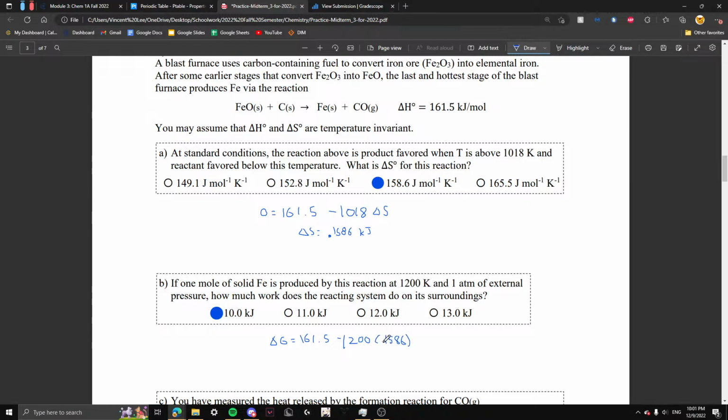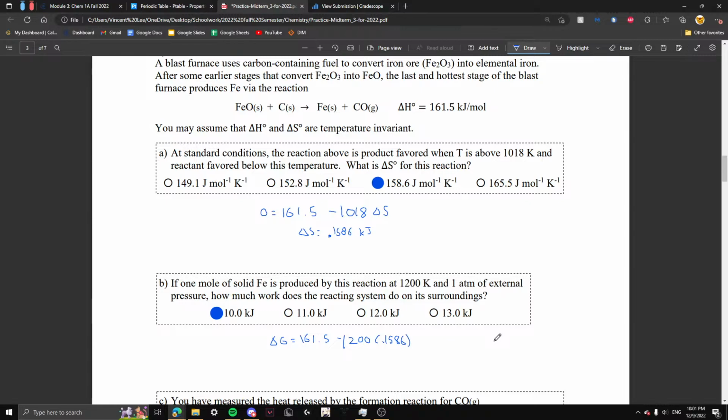And I'm writing this as 0.1586 to keep units consistent. Hold up, wait a second.